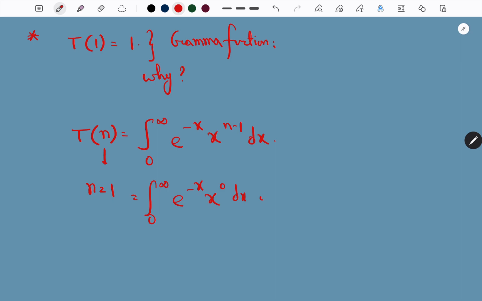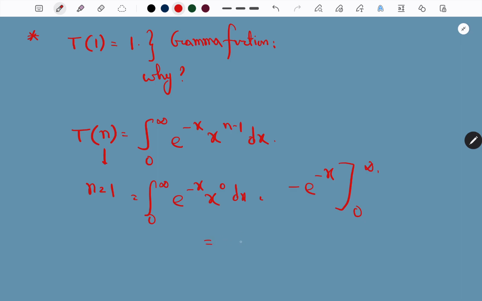So this will eventually become e to the power minus x with a negative sign. Why with a negative sign? Because e to the power ax is integrated as e to the power ax by a, where a is minus 1 here. And so this will be evaluated from 0 to infinity.